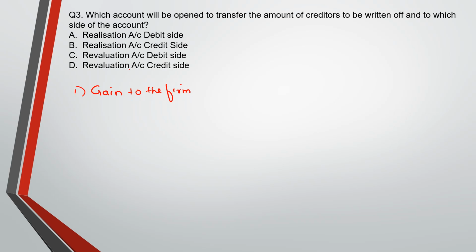We have these two. Revaluation on debit side, revaluation credit side. Now important. Revaluation account, when it is opened, on the debit side we write all the items which are in the nature of losses, and all types of gains would be credited to revaluation.